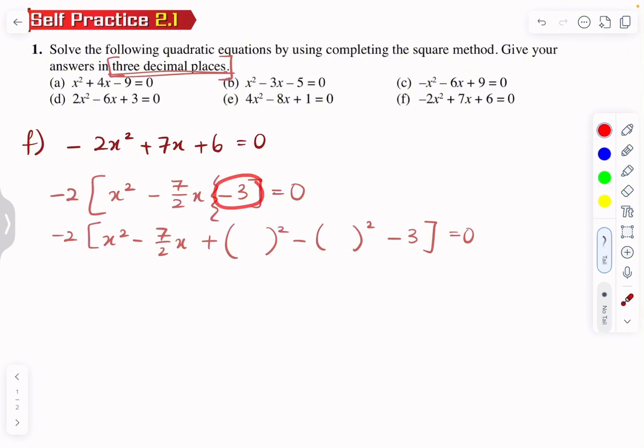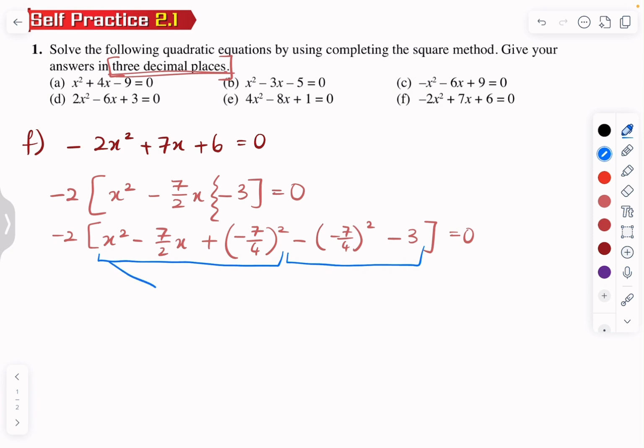This is the second part. So first part here, second part here. In the middle, we put this. So what goes inside the bracket will be b over 2. So negative 7 over 2 divided by 2, we get negative 7 over 4.